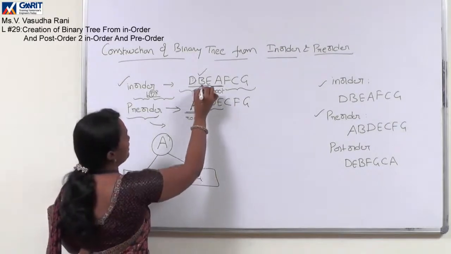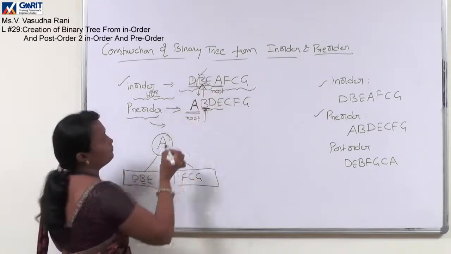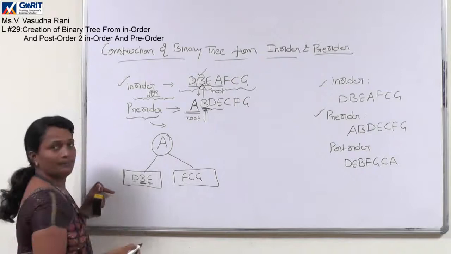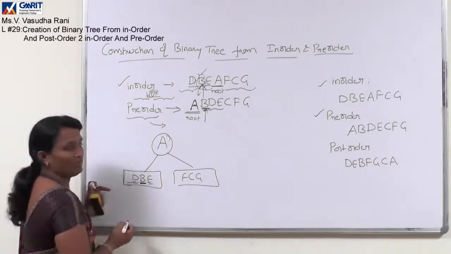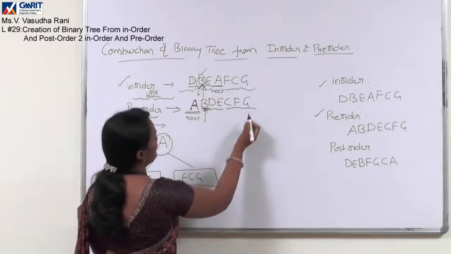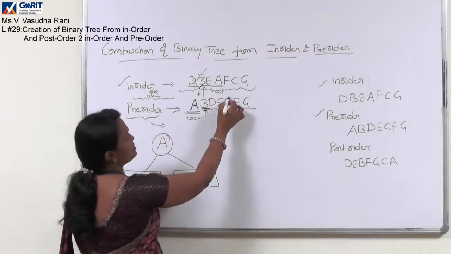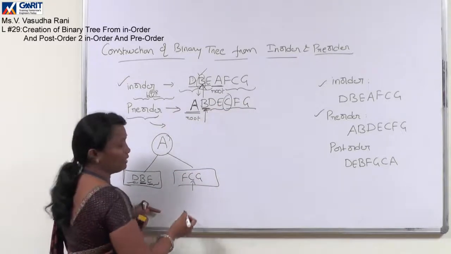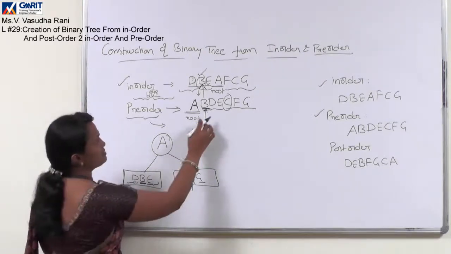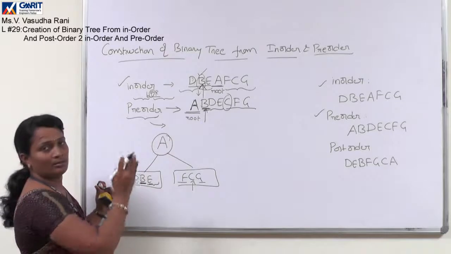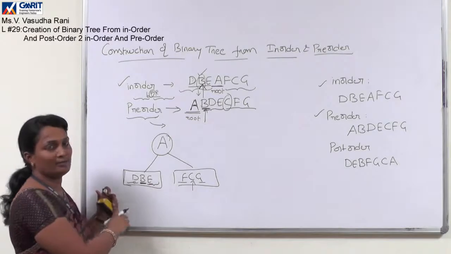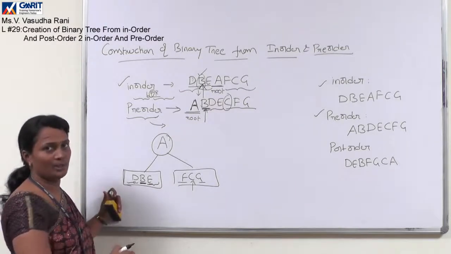The same thing applies in the in-order, where B is in the middle, so it is matching. So B will become the parent node, with this part as its left and this part as its right. And from the sequence CFG, as it is pre-order, C will be the parent, F is the left child and G is the right child. Like this, considering the different parts of the sequences, we can conclude which is the parent node and which are the left and right nodes at that particular level.